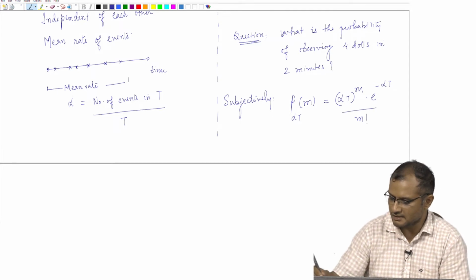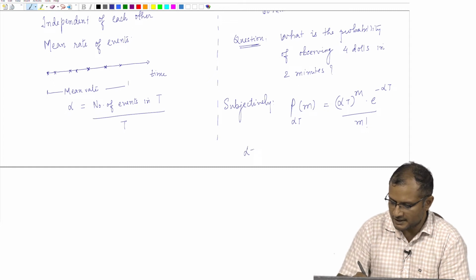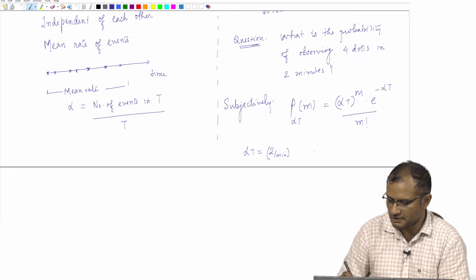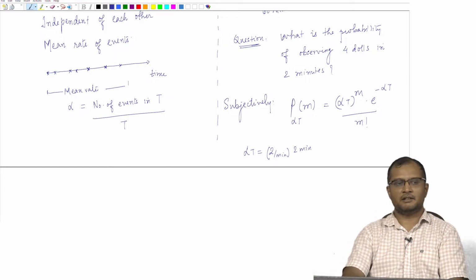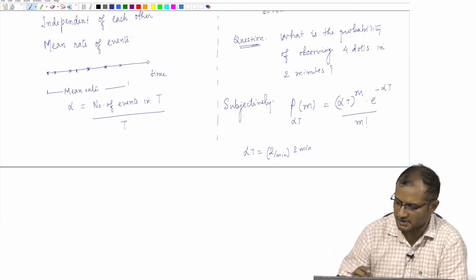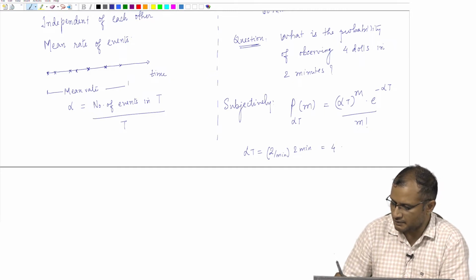So, in this case our alpha is 2 per minute, which is the rate, and the observation time capital T is 2 minutes. Okay. So, that is the capital T, which is my observation time, and alpha t is basically 4.